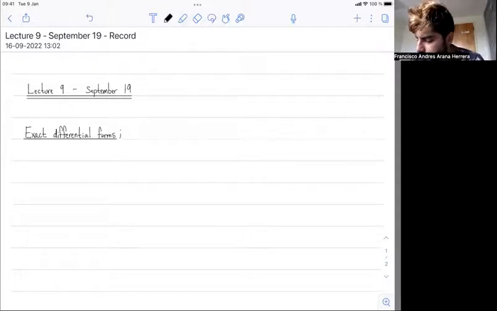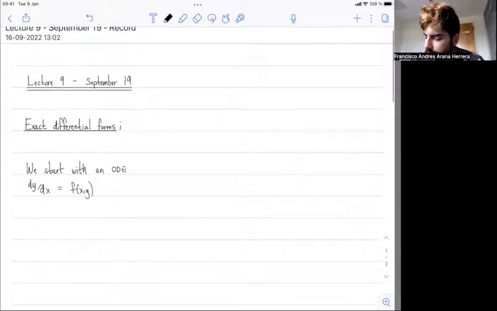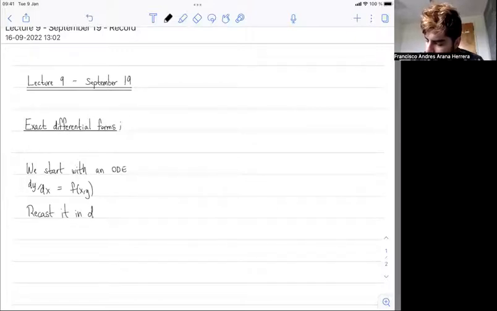So we start from an ODE of the form dy over dx is equal to f of x, y, and we recast it in differential form.